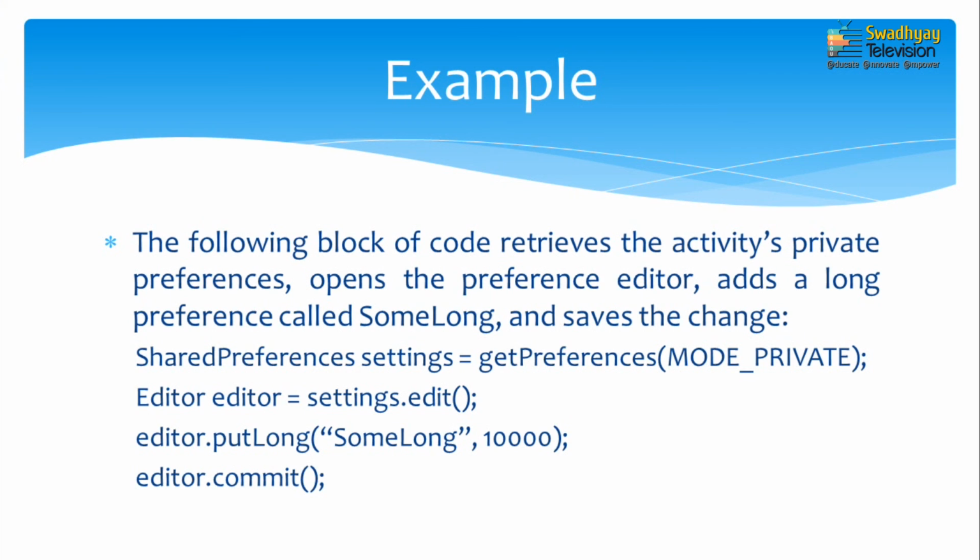So, we write editor dot commit. Suppose I want to put a welcome message inside this shared preference, instead of sum long I write welcome, and instead of 10,000 I have to write a string, and instead of put long I have to use put string. So, this is how you can use your preferences.